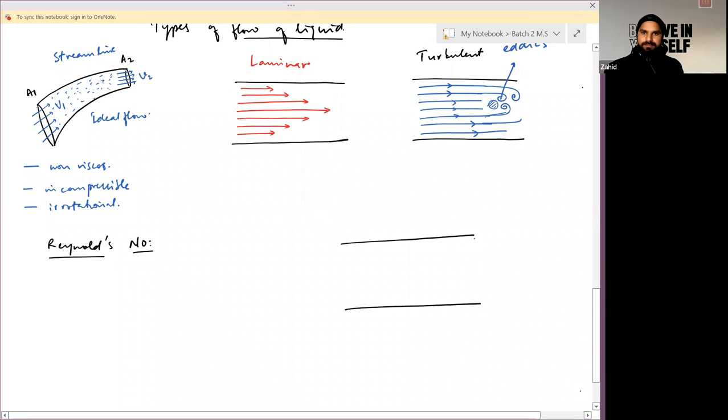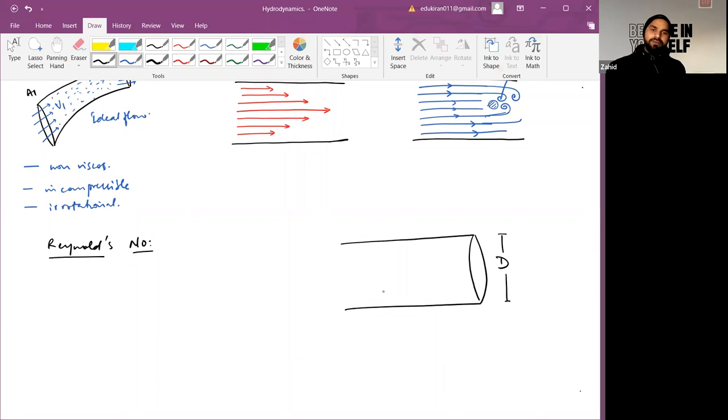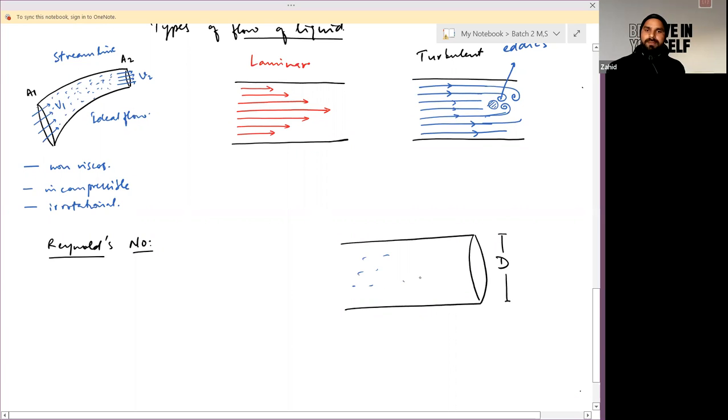there is a tube having diameter d in which a liquid with some critical velocity is flowing, for which the flow of liquid is streamlined. So the velocity of liquid in this particular flow is critical.